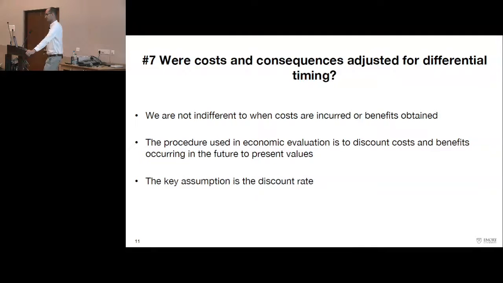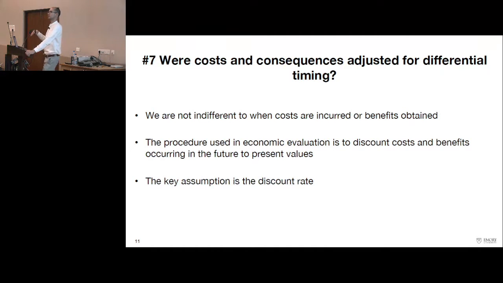Next one is whether costs and consequences were adjusted for differential timing. That means, did they use discounting? The recommendation is to use discounting for both costs and consequences in the same fashion. So that should be, at least in the reference case, included.